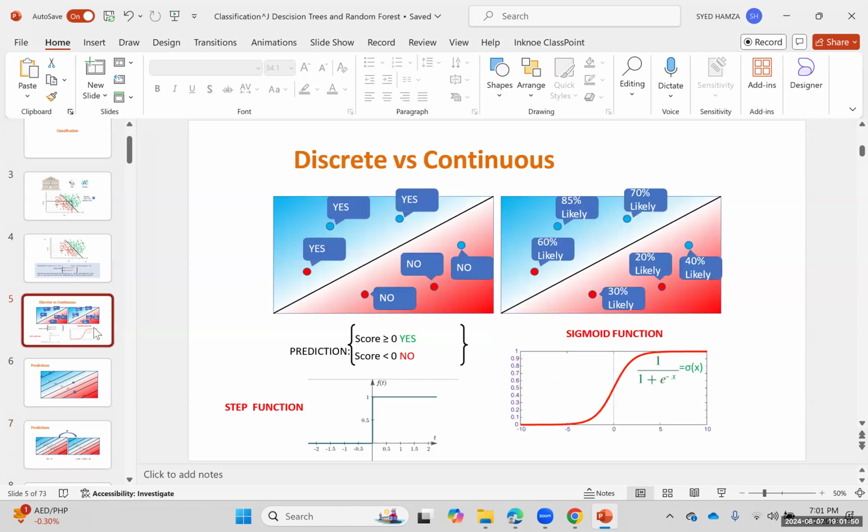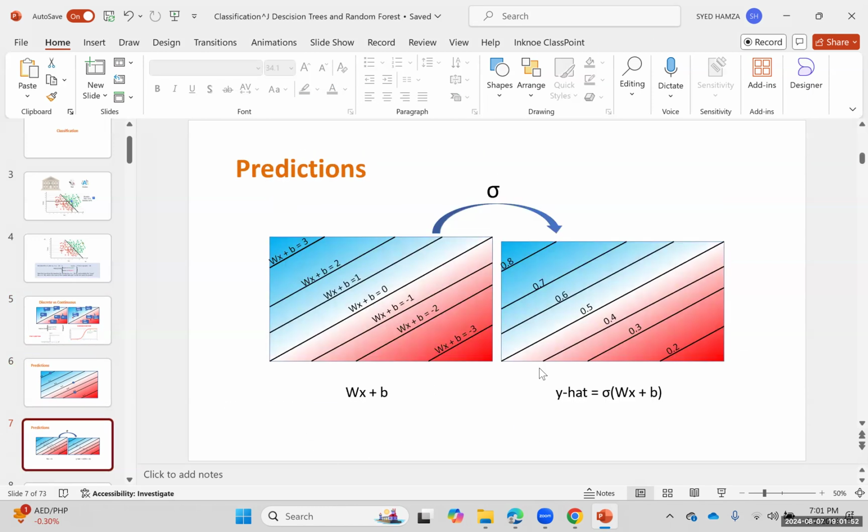Now, if you want to know what this omega is, I can write it here again. The sigmoid of x is equal to 1 divided by 1 plus e to the power minus x.